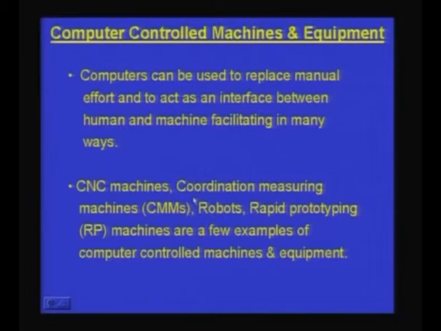Now, the examples are CNC machines, where I have a computer numerically controlled process, or a coordinate measuring machine, or a robot which is computer controlled, or a rapid prototyping machine where the computer is an integral part of the machine itself. So, all these are examples where the role of the computer is basically to control some process or some aspect of the machine.